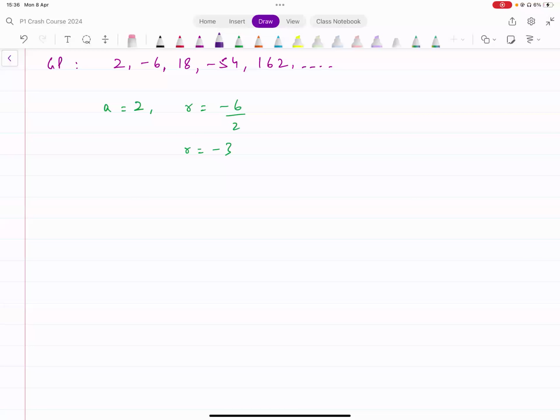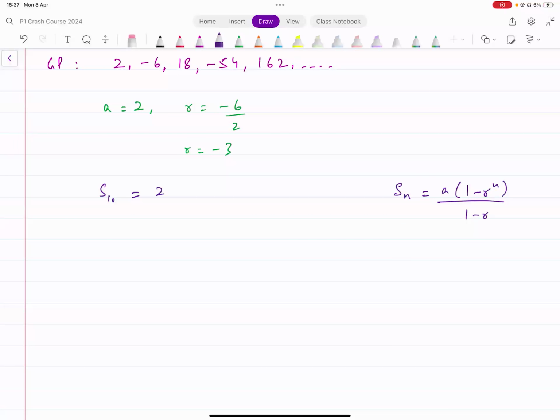So in this case, if you were looking for the sum of the first, let's say 6 terms or 8 terms, and this is 10 terms of the sequence, what would that be? A into 1 minus r raised to power n. So remember what the formula is. A into 1 minus r raised to power n divided by 1 minus r. What's the value of A?